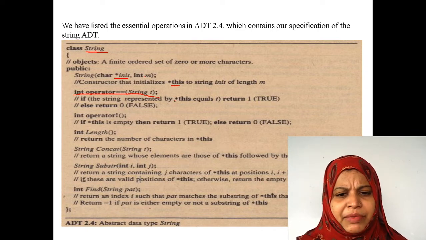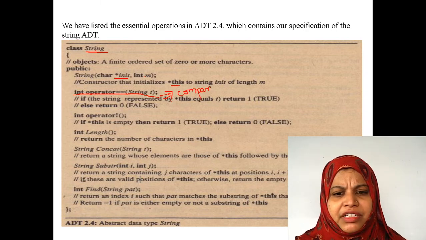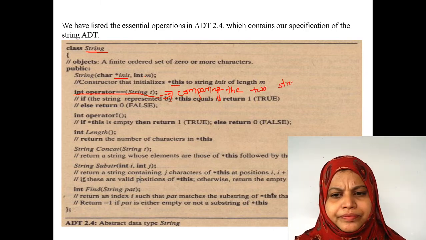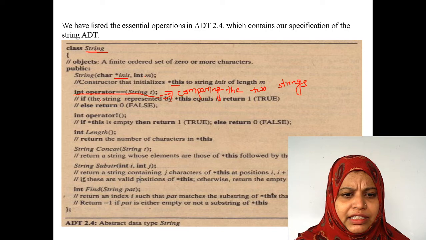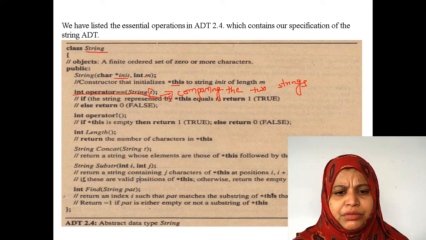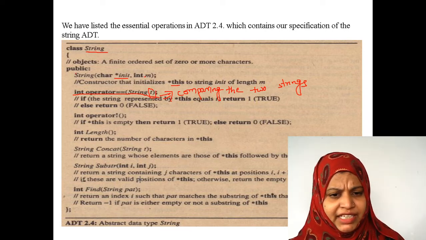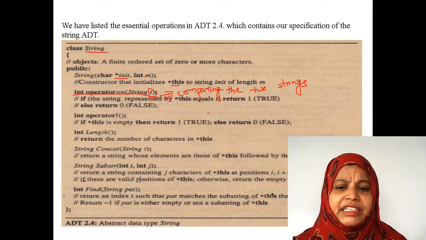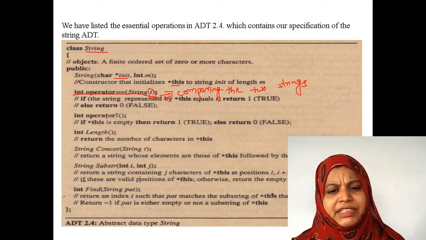It means that if the string represented by this equals t, then it is going to return 1, or else it is going to return 0. Here we are comparing the strings, comparing the two strings. Here t is my new string, and the init string is already present. By using this operator we are calling the init string. If the init string and t are both equal, then it is going to return 1, or else it is going to return 0.